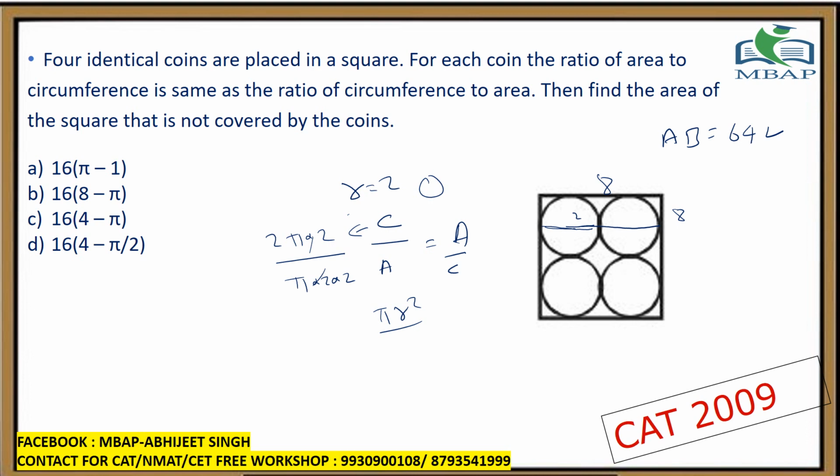Now if you imagine this figure, what they have given you is 4 circles within a square. If I make 4 quadrants here, how many quadrants have I made in this square? 1, 2, 3, 4. And how many circles do we have? 1, 2, 3, 4.